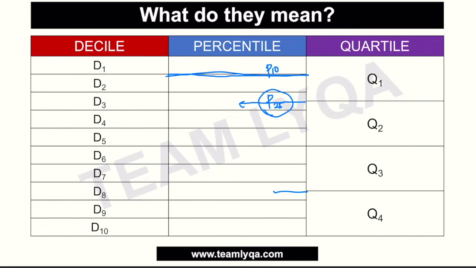Yung 75th na percentile, ano naman, third quartile. At itong line na ito, okay, which is the 50th percentile, yes, siya naman ang line for the second quartile and the 5th decile. Actually, may isa pa tayong tawag dyan. This is also our median. Okay, ng data natin. Yung pinaka nasa gitna ng lahat kapag pumila sila.